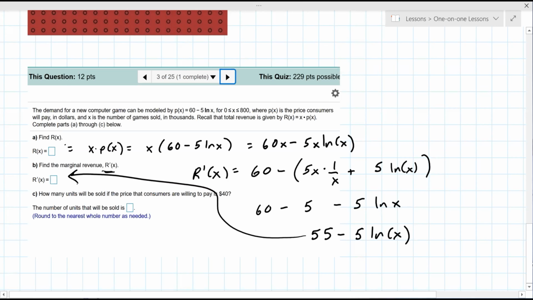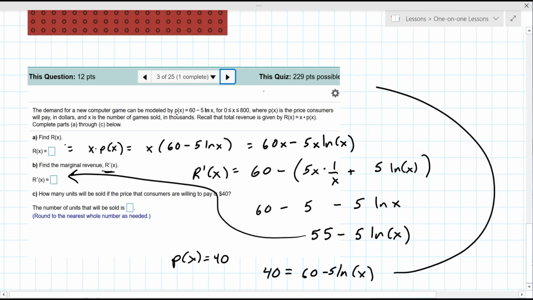Okay. The last part, it says how many units will be sold if the price that consumers are willing to pay is 40. So they're telling you the price, P of x is the price. So they're telling you that P of x is 40, and they're saying set 40 equal to 60 minus 5 natural log of x.